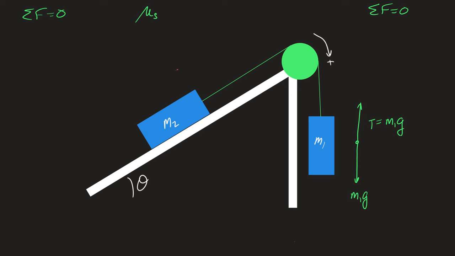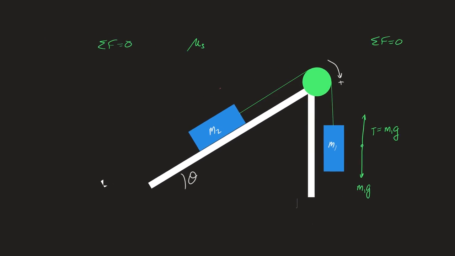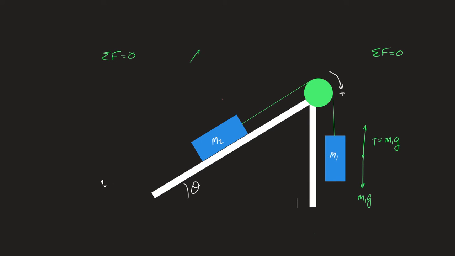Now my free body diagram for the block on the ramp is going to have a little bit more careful consideration. So I'm going to start with weight, normal force, tension, and in this case, static friction that I am pointing down the ramp.